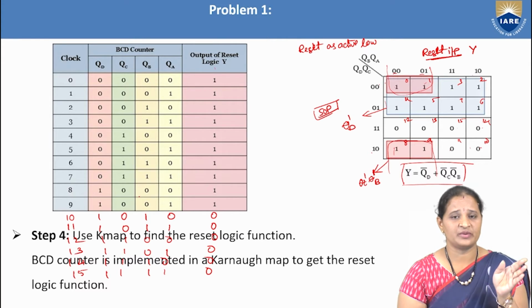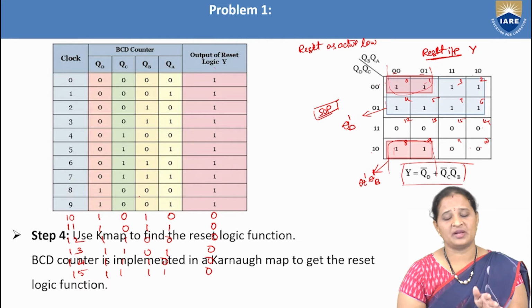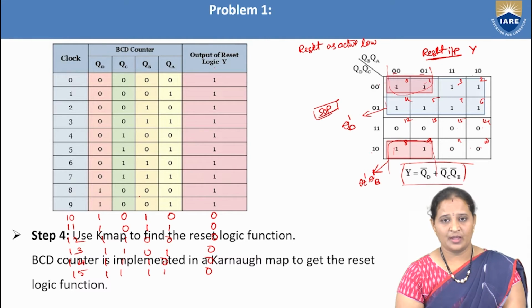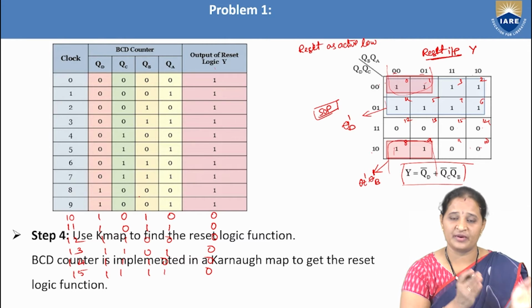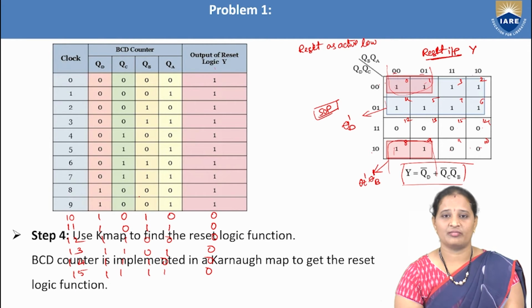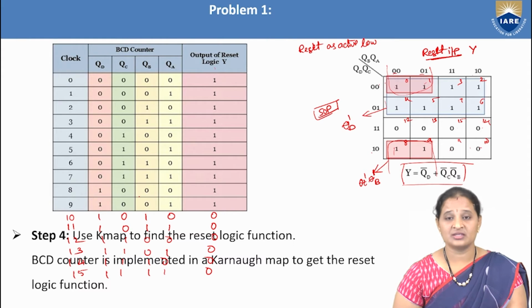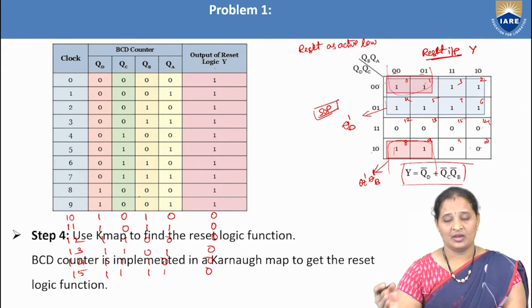Only the first flip-flop is applied with the clock pulse whose pulses are to be counted, and all the remaining flip-flops are applied with the output of the previous flip-flop as a clock input. So when you are designing an up counter, the Q should be connected as clock. When you are designing a down counter, Q bar should be connected as clock pulse to the next flip-flop.